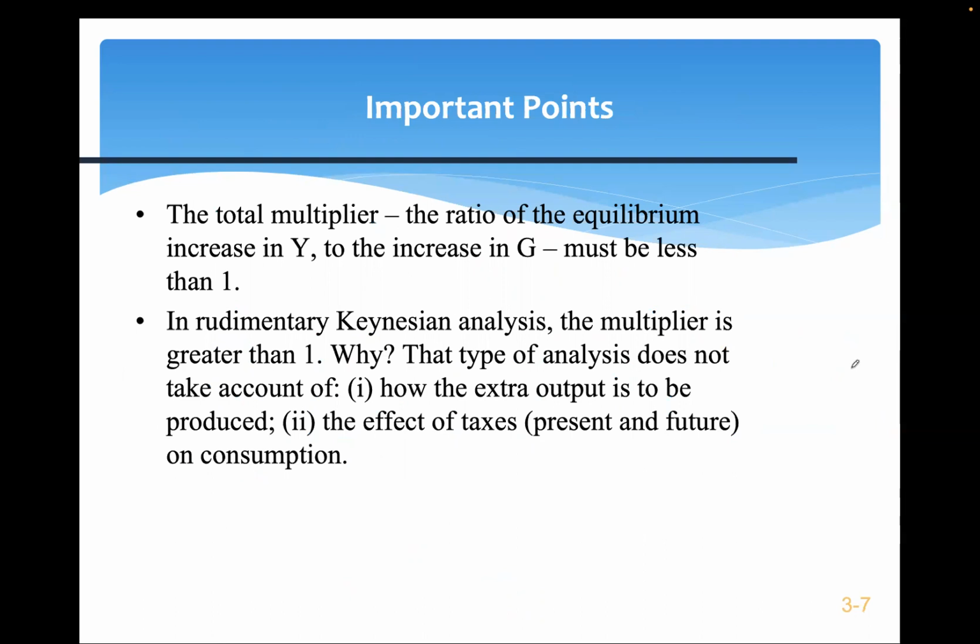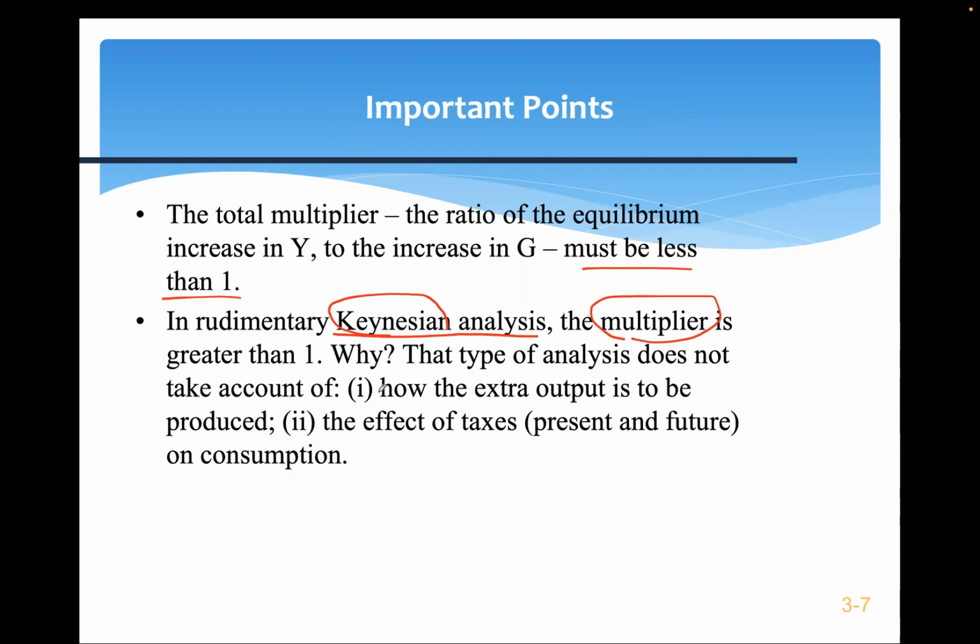Okay? Right. One more thing, to summarize or to emphasize, regarding this first case study, the total multiplier is going to be less than 1. This is quite different from what you learn in your principles class when we use rudimentary Keynesian analysis or the Keynesian cross, right? So there, the multiplier is greater than 1, but why is it lower than 1 here?